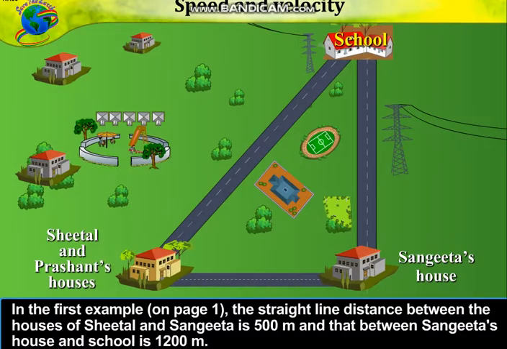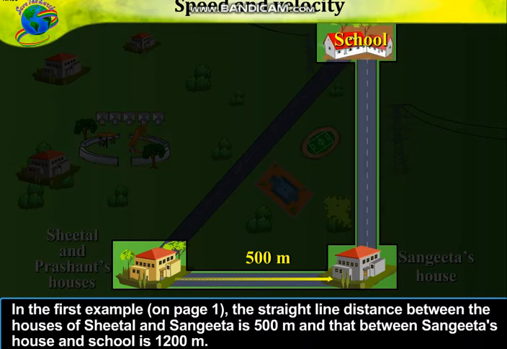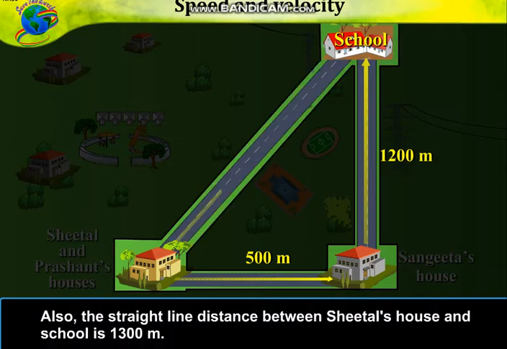In the first example, on page 1, the straight line distance between the houses of Sheetal and Sangeeta is 500 meters. And that between Sangeeta's house and school is 1200 meters. Also, the straight line distance between Sheetal's house and school is 1300 meters.